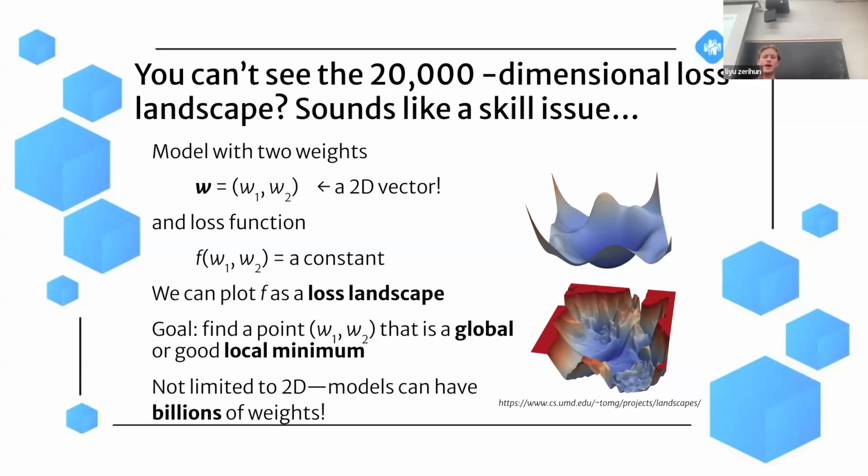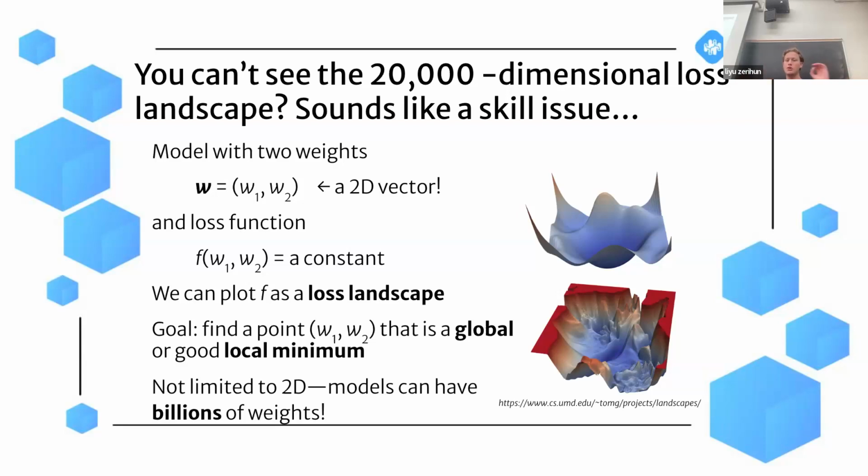Yeah. So, and then we have a loss function, which is a function of the two weights. And so we can plot F as a loss landscape. So if you've ever done a sort of 3D graph before, or even 2D, like Desmos or whatever, I'm sure many of us have used that kind of thing. You can basically visualize it like so.